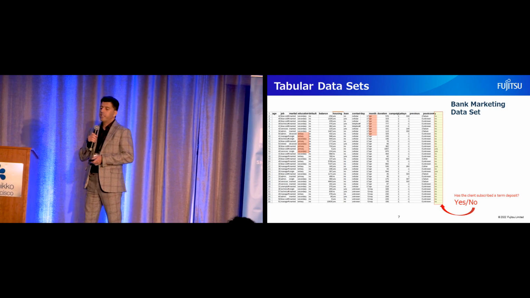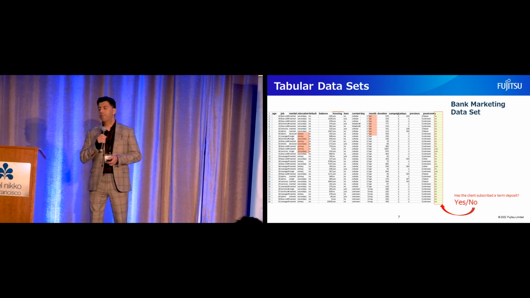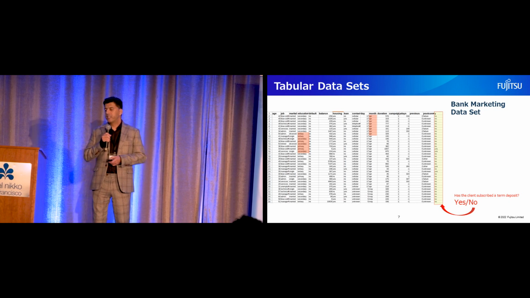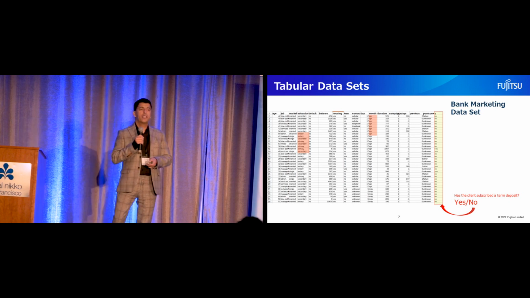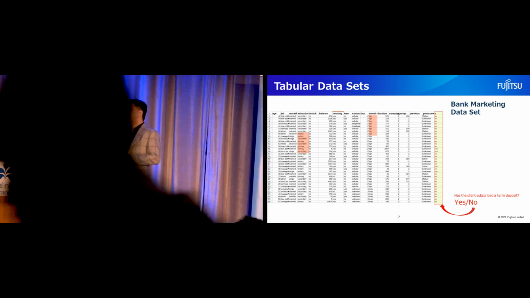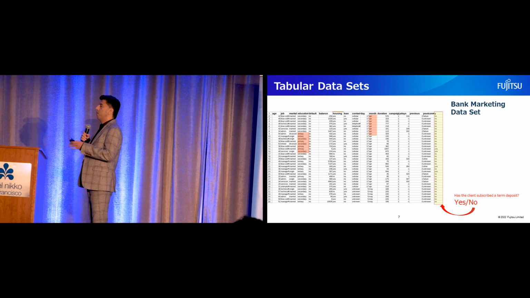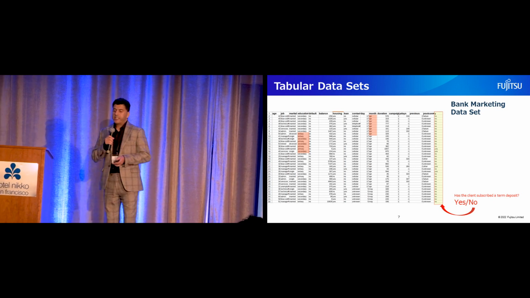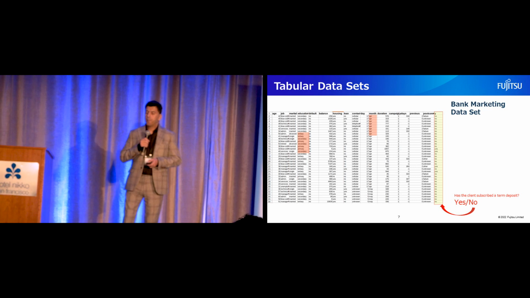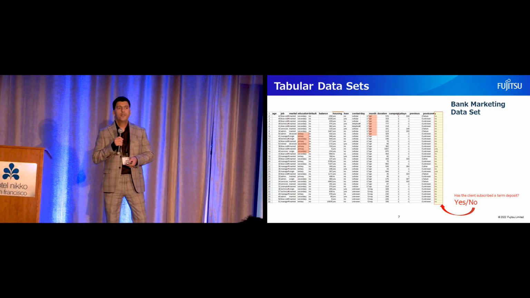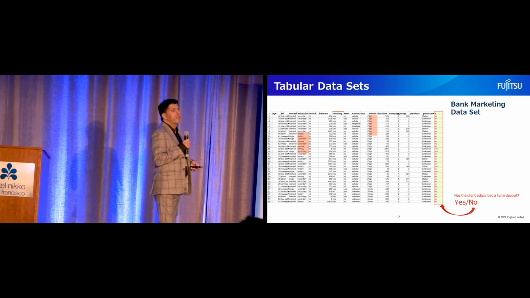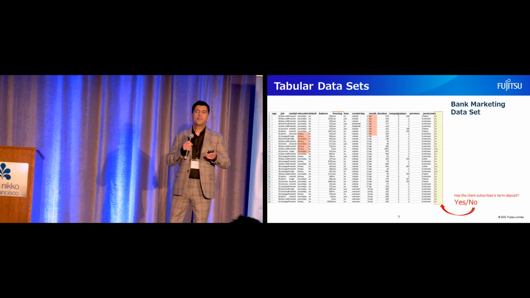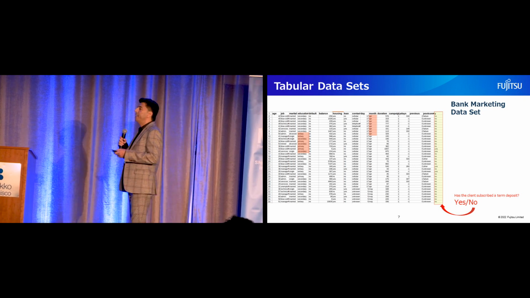In another data set, for example the bank marketing data set, it includes a set of values used to predict whether a customer should be selected or not, right? In this data set you will see categorical features and numerical representation. So it's a mixed value. Sometimes this mixed value is challenging.